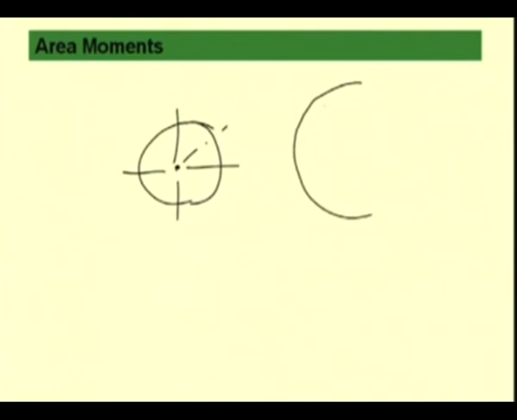So, let us consider, say, a solid sphere which has the centroid at its center and say another sphere which is hollow from inside.